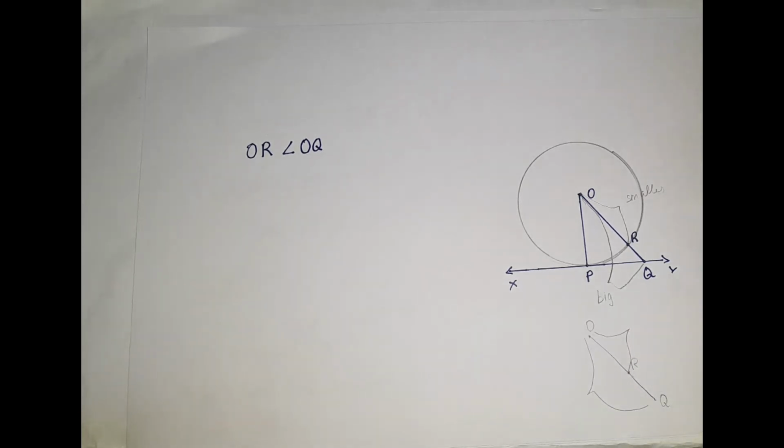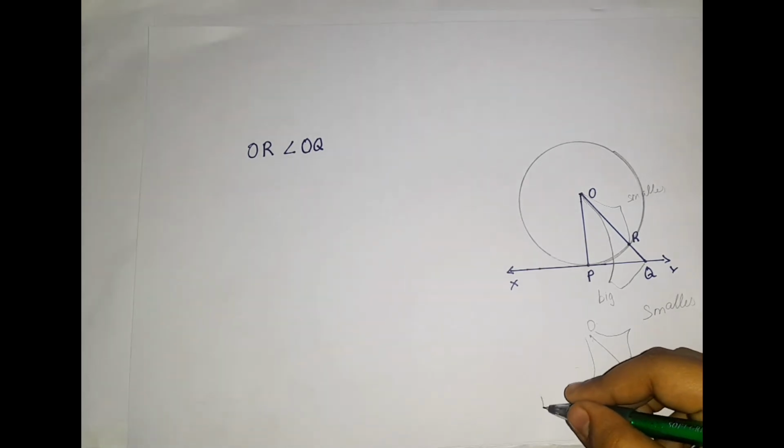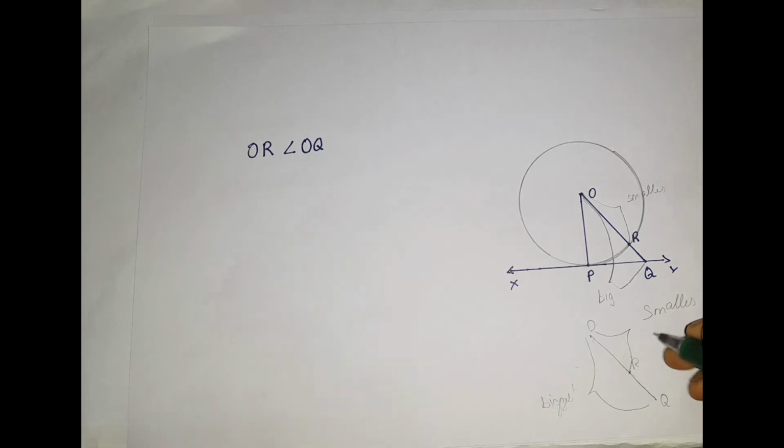Which one is the smallest part and the largest part? Whether it is OR or OQ. According to me, OR is the smallest part and OQ is the biggest side. I'm sorry for using the word part, side is the correct one.